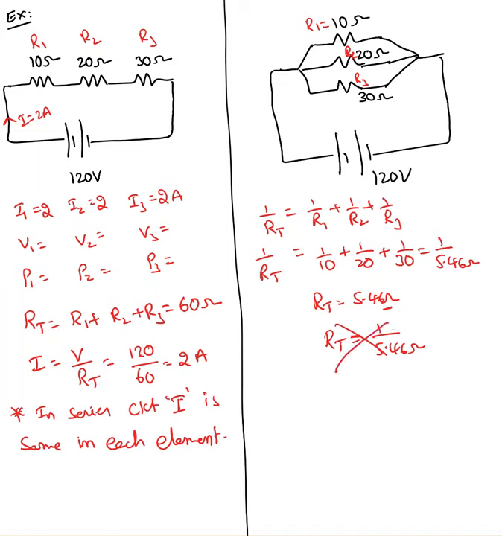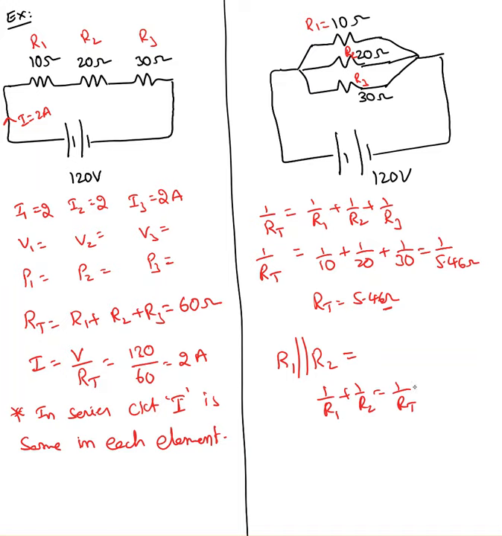Whenever two resistors are in parallel, that's the symbol we use. If R1 and R2 are in parallel, basically 1 over R1 plus 1 over R2 equals 1 over R total. I'm solving a different example where only two resistors are in parallel.